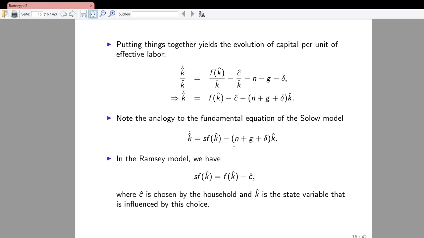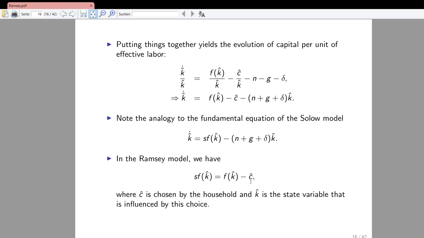And now we see that there is just a difference between the Ramsey-Cass-Koopmans model and the Solow model, in the sense that instead of the exogenously given saving rate times f of k hat, which we had in the Solow model, we now have the production function f of k hat minus consumption per unit of effective labor.